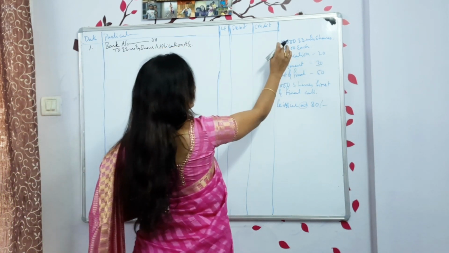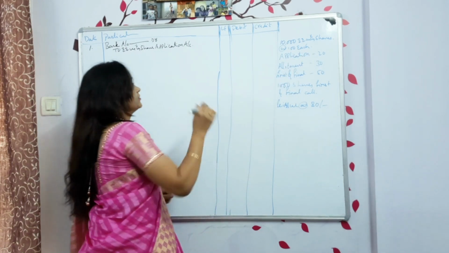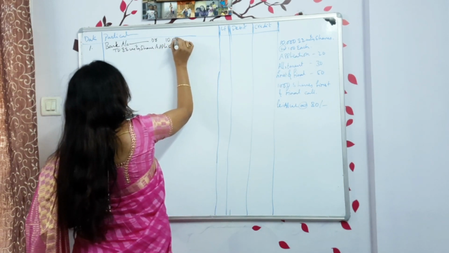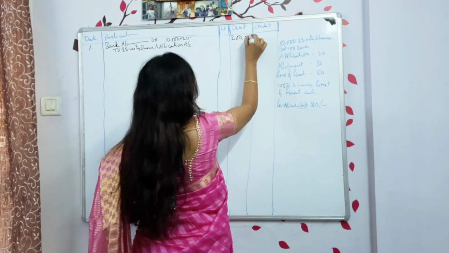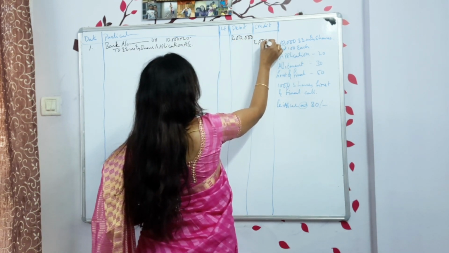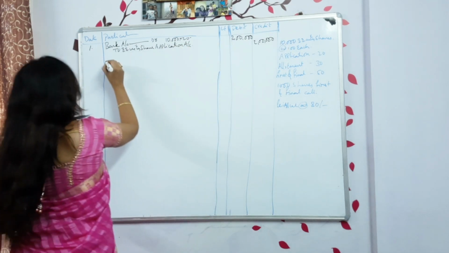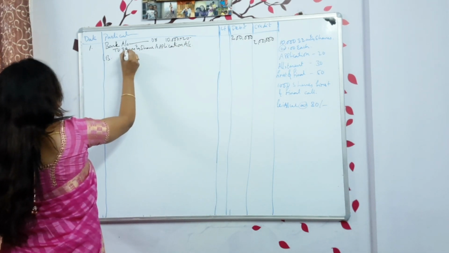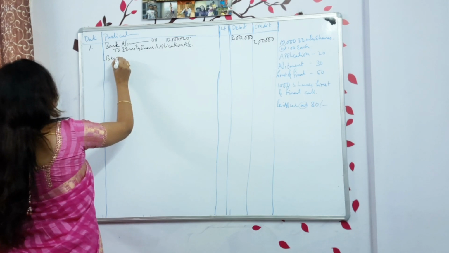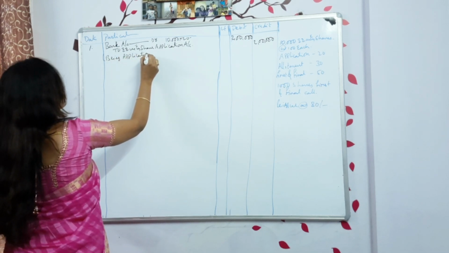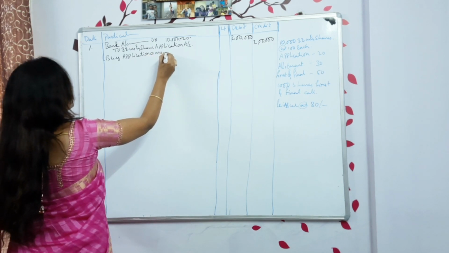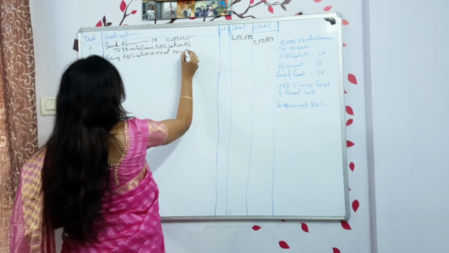What is the amount? 10,000 shares at 20, so 10,000 into 20 gives 2 lakhs. Here also 2 lakhs. The narration being application amount received.